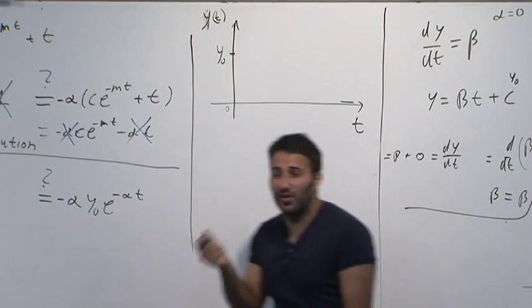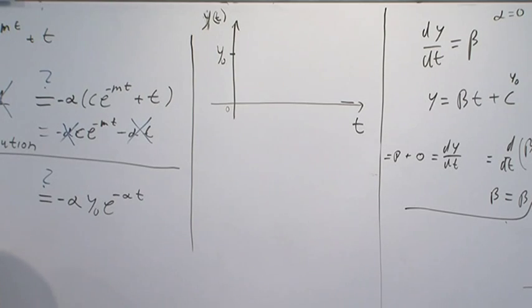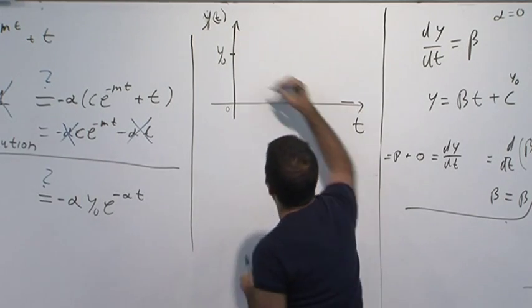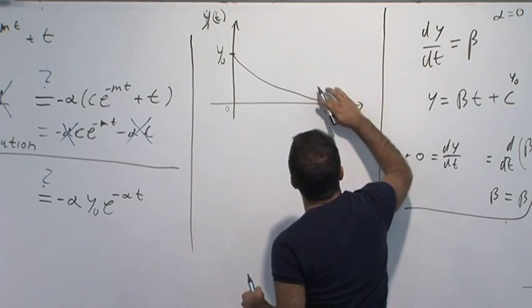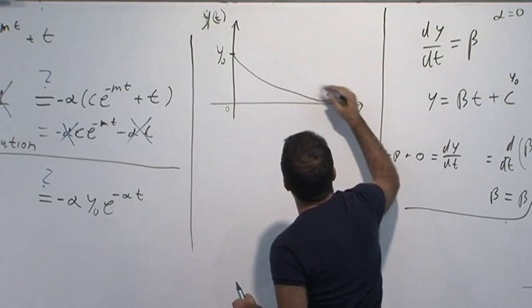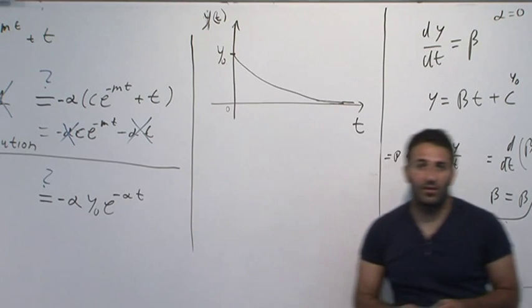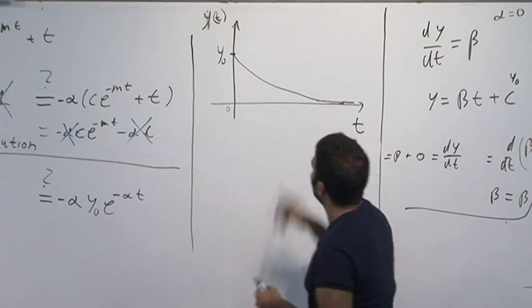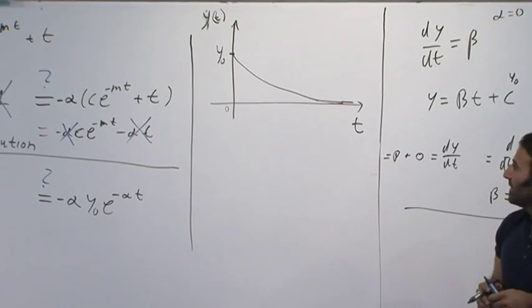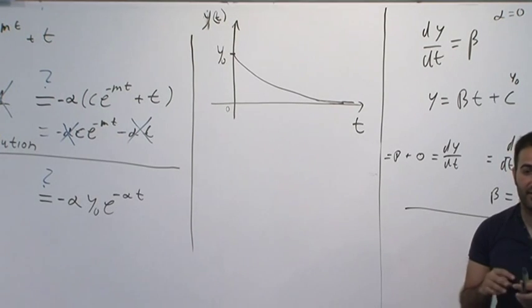It will never really be equal to 0, but it will get close to it. The way it declines is by exponential decay, which looks like that. It's just a decreasing function. Questions?